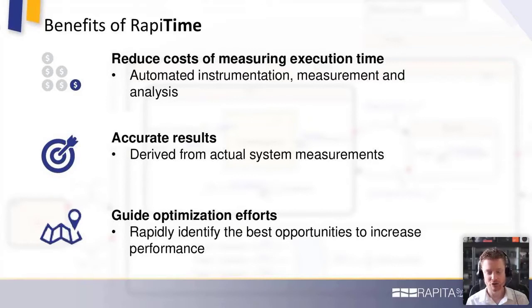So as well as showing you what the execution time is, we can break down which parts of code are contributing most of the time overhead. And this means you can guide your optimization efforts to just those parts of the code. And we can also compare before and after on timings from before the optimization was applied and after, to make sure that your optimization effort is giving you the benefit in execution time that you're expecting.